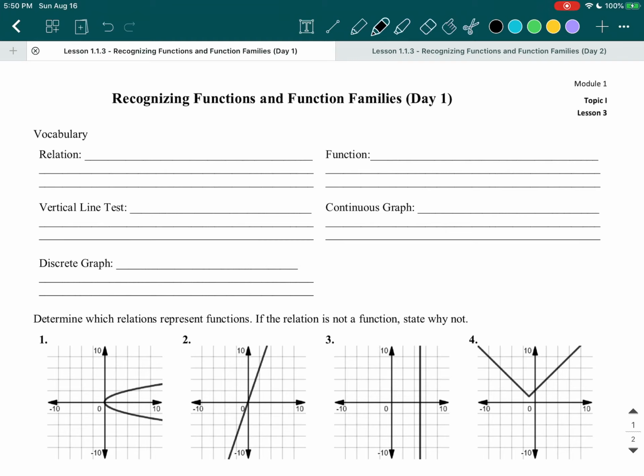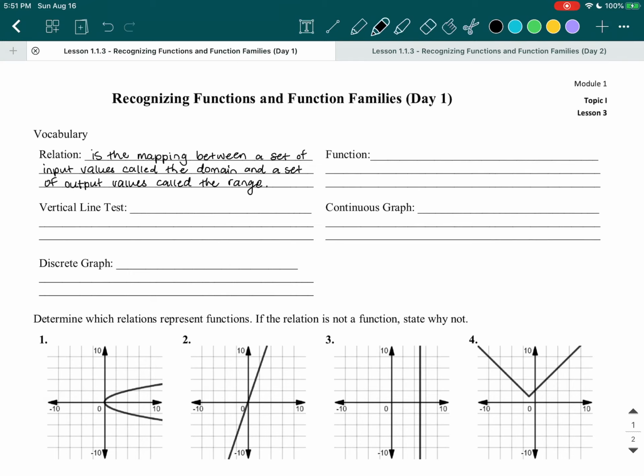I'm going to write the official definition here. A relation is the mapping between a set of input values called the domain and a set of output values called the range.